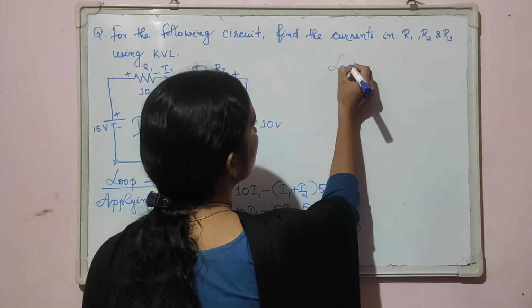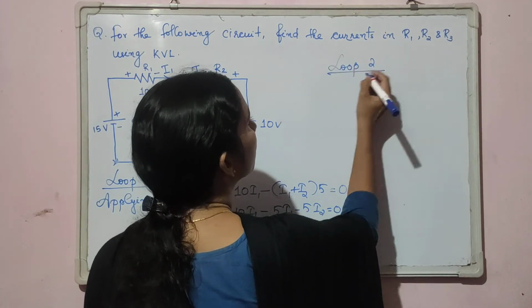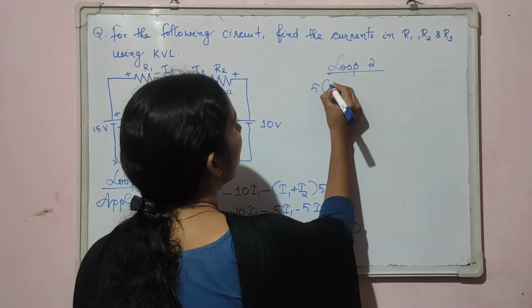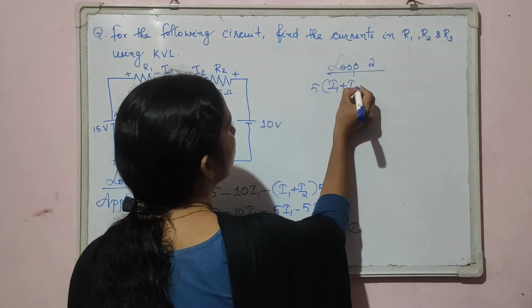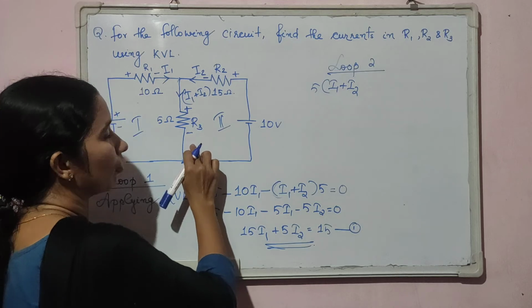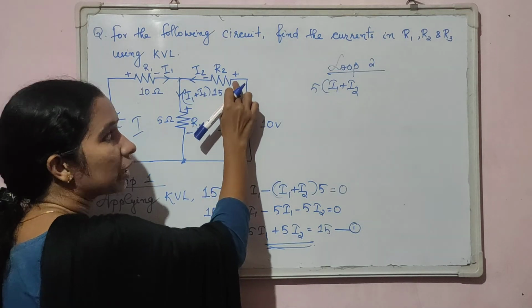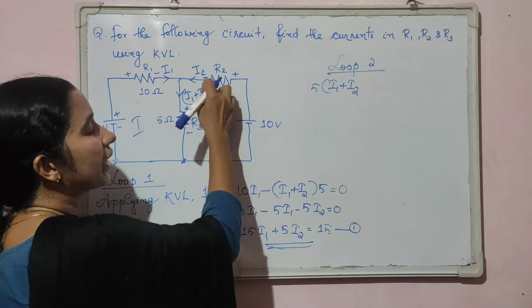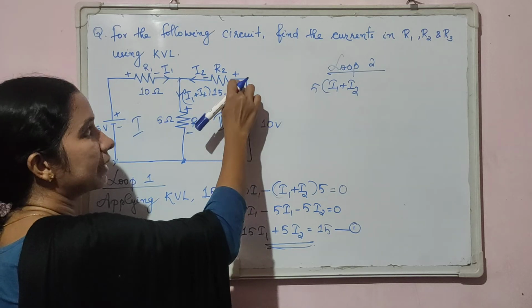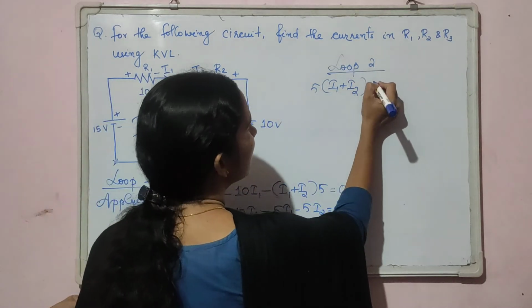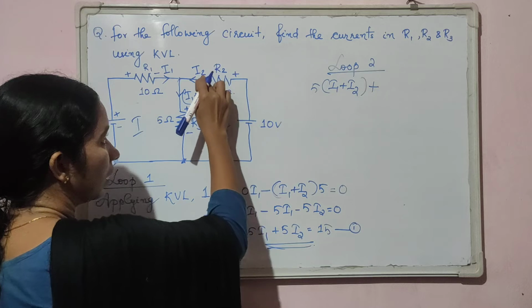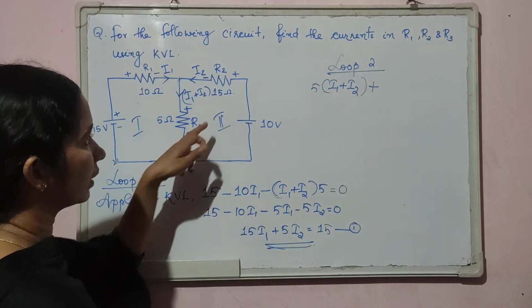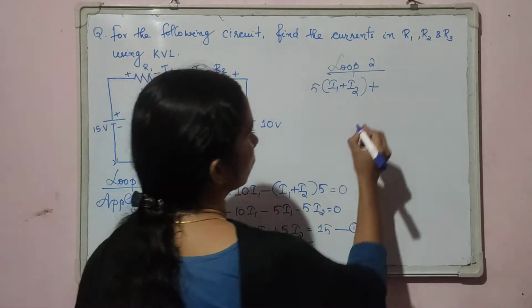So for loop 2, 5 into I1 plus I2. Now I am following this direction. The second component is R2. From negative to positive there is a rise in potential, so plus I2 into R2, that is 15 I2.